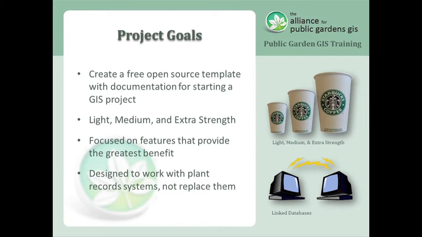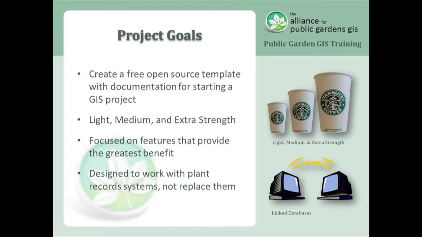So the goals of our IMLS funded project were to create a free and open source template with documentation for getting started with GIS at public gardens. We wanted to make it so that the smallest garden and the largest garden could both use it equally well.